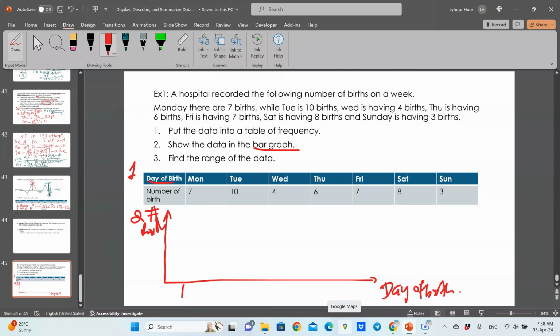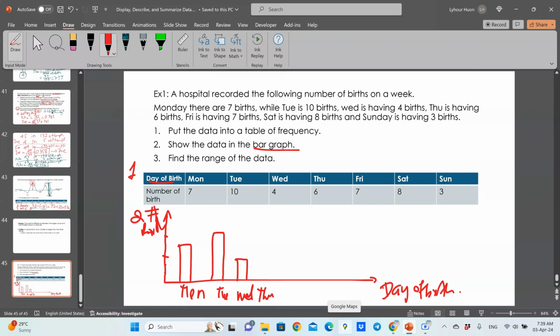So it starts from Monday. Monday is 7. So we scale it 1, 2, let's say this is 5, this is 10. So 7 should be here. This is Monday. And then Tuesday is 10, so it's this much. Wednesday is 4, which is here.